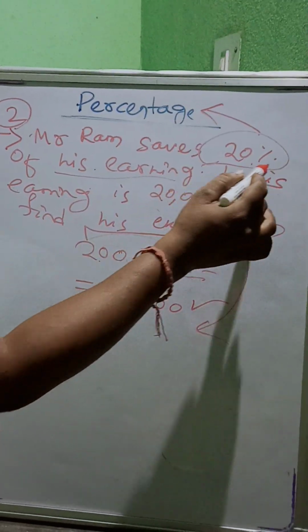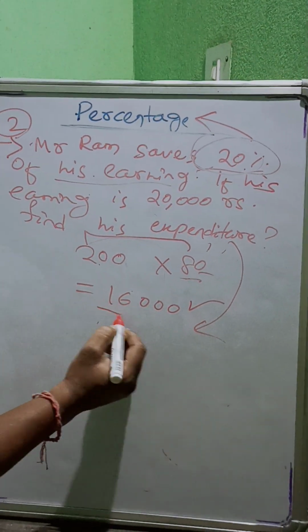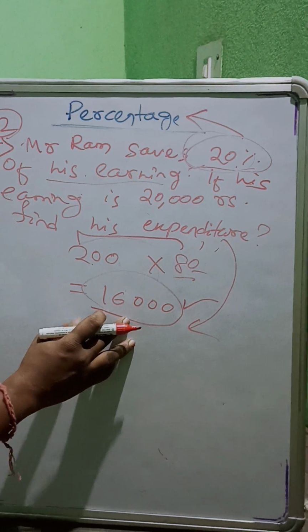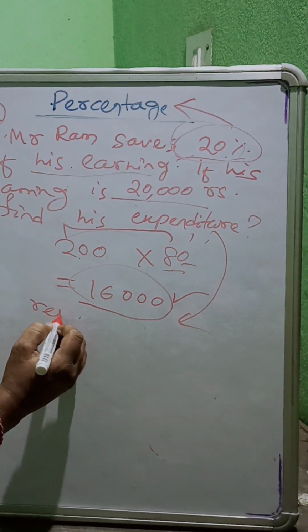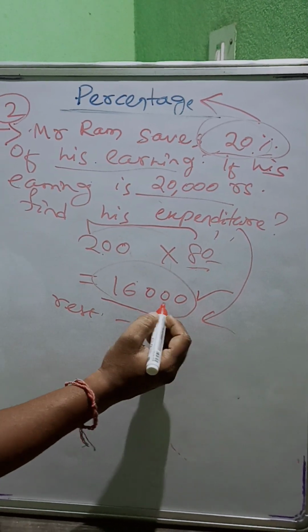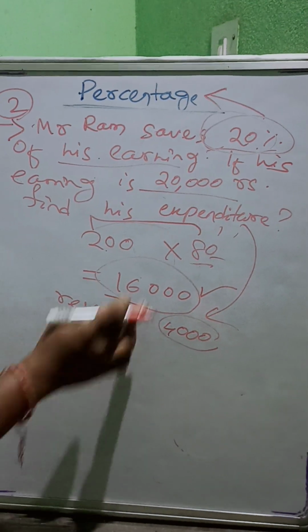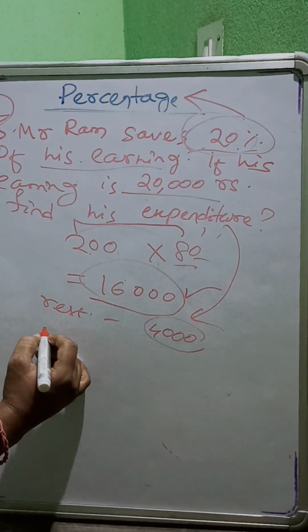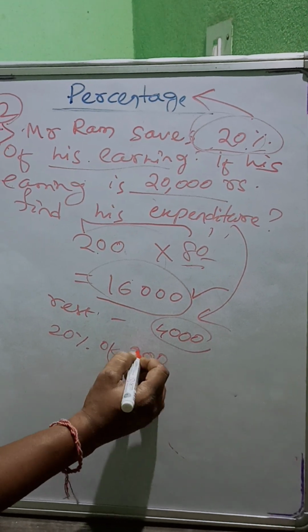You can check that 20%. If 80% is 16,000 and the total amount is 20,000, the rest should be 20,000 minus 16,000, 4,000. Let's check 20% of 20,000.